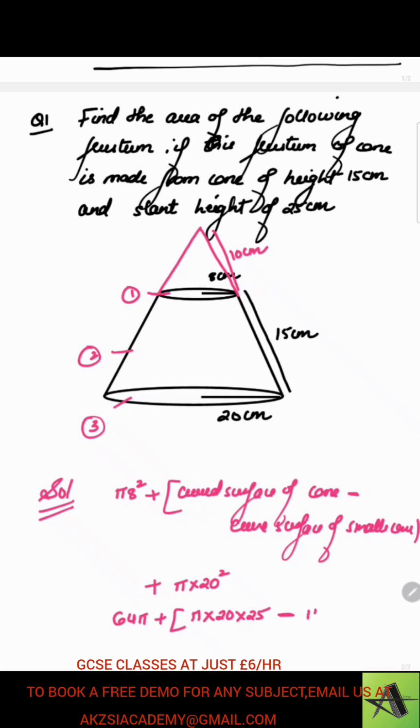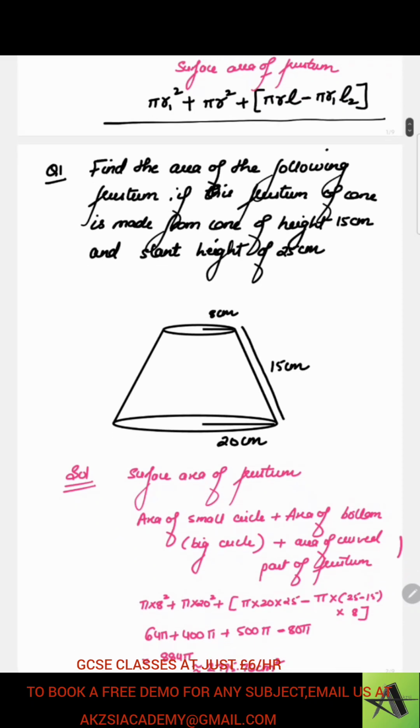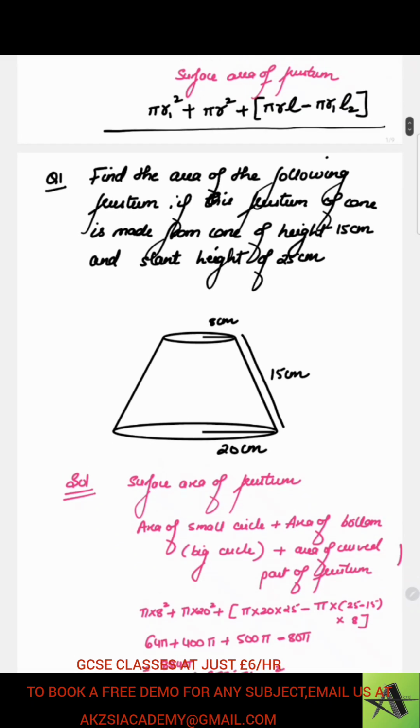So it would be pi times 10 times 8. So now we have calculated the area of the bottom circle, which is pi times 20 squared, that is 400 pi. The upper one, the smaller one, which is pi times 8 squared, that is 64 pi. And we have subtracted the curved part of the bigger cone and small cone, and it gave us 500 pi minus 80 pi. That will give you 884 pi.